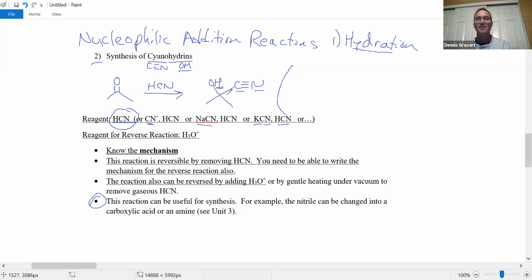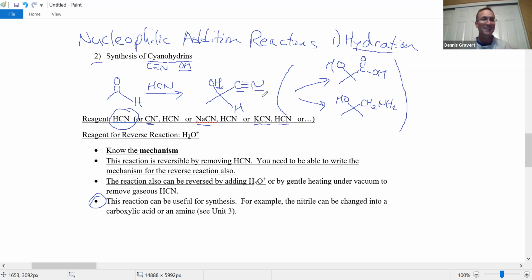You can take the cyanohydrin and you can change it into a carboxylic acid. You can also change it, well, it's got a nitrogen, you can also change it into an amine. So you start with one functional group, a ketone or an aldehyde, and you get 2 functional groups, alcohol and nitrile.